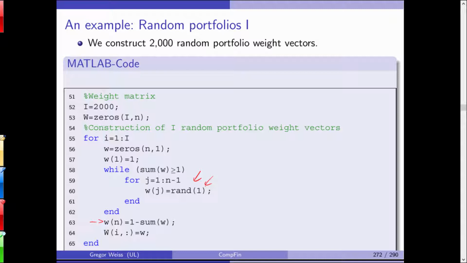The random number is taken between 1 and 0, meaning no short sales. So if you don't allow short sales, and one would assume that at least you as a retail investor cannot short sell, you will probably not get close to the efficient frontier.